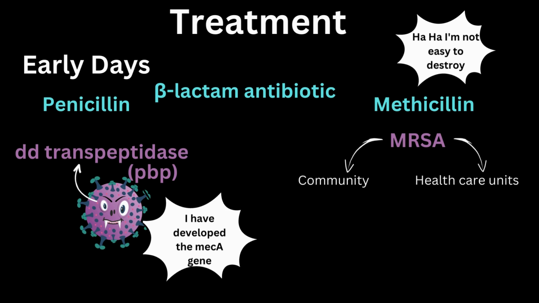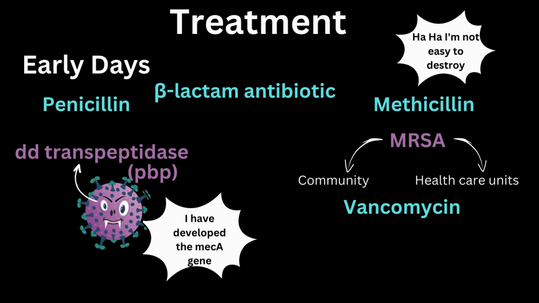To treat MRSA-associated diseases, we have developed a glycopeptide antibiotic called vancomycin. But vancomycin is not highly effective. Since Staphylococcus aureus is so adaptive, it has still gained two strains.